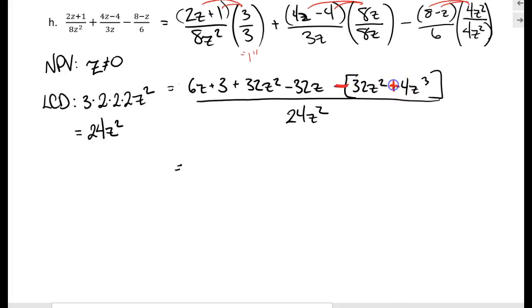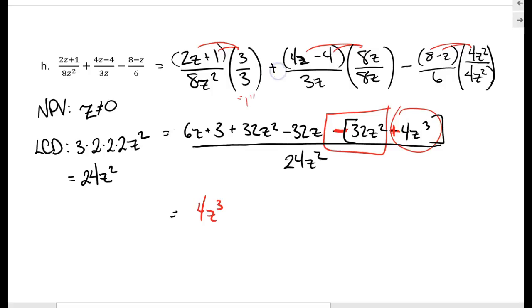Those signs are switching out. Okay, so collecting like terms, I've only got one cubic term. So that means that I'm dealing with negative 4z cubed. I've got 2 squared terms, and they actually have opposite signs and equal coefficients, so they're going to cancel out.